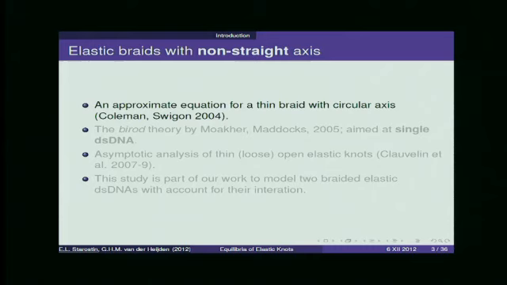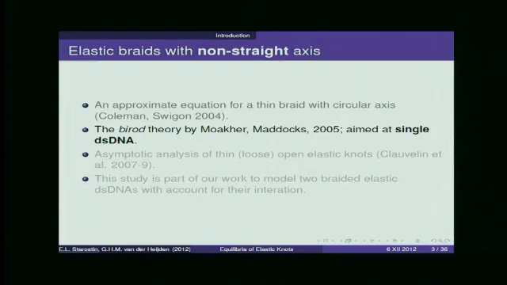Surprisingly, we don't know much about the elastic braids with non-straight axis. There were some approximate approaches, and the most comprehensive theory that exists so far is the so-called birod theory by Maher and Maddox.